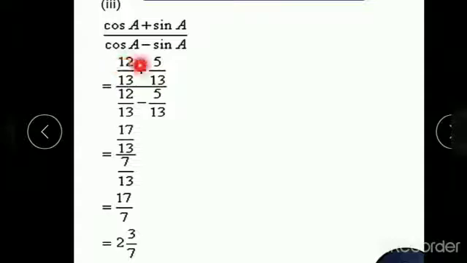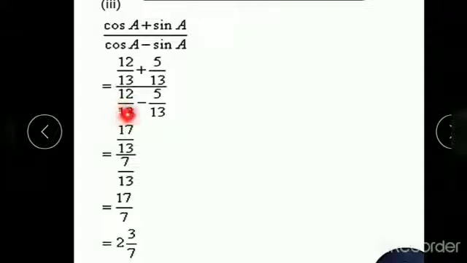In the numerator, cos A is 12 divided by 13 plus sin A is 5 divided by 13. So you have the same denominator, right? So you can take 13 in the denominator and 12 plus 5. Okay, so 12 plus 5 is 17. 17 divided by 13 you get in the numerator.